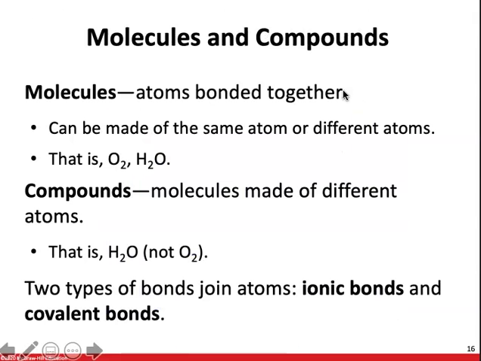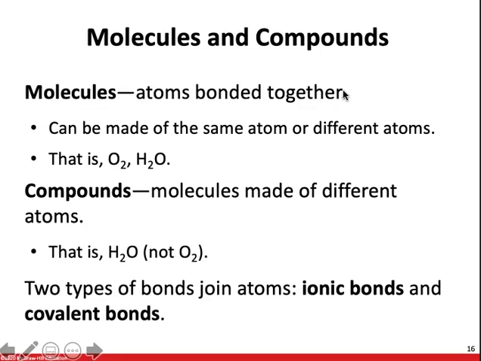Here's why we care about reactivity. Molecules and compounds are formed through the activity and reactivity of the outermost valence shells. A molecule is going to be 2 or more atoms bound together, and it's going to be the smallest part of a particular compound that retains its chemical properties. You may also see the term compound being used. A compound is a molecule containing at least 2 different elements.